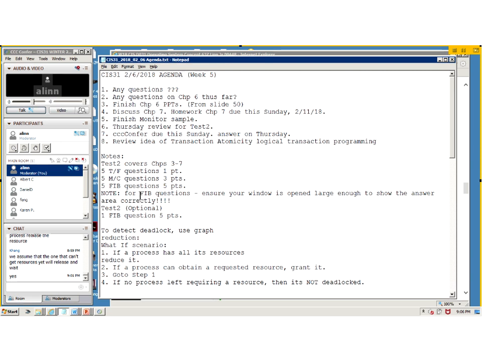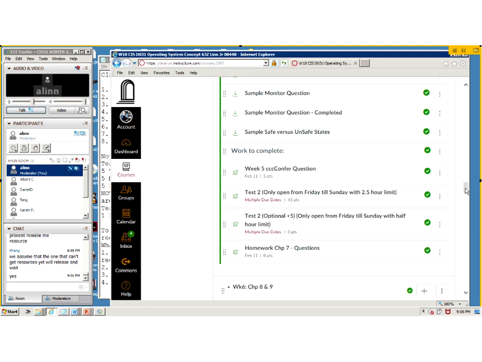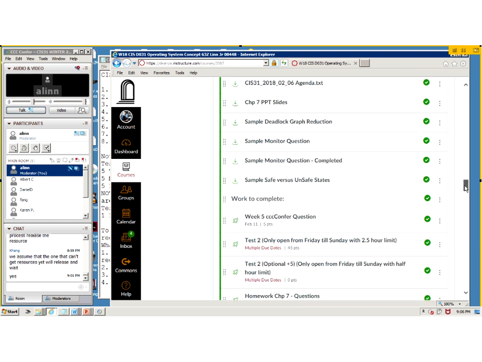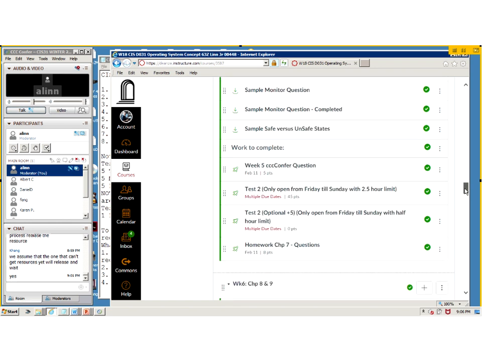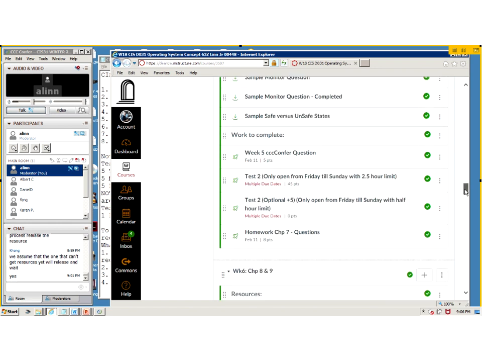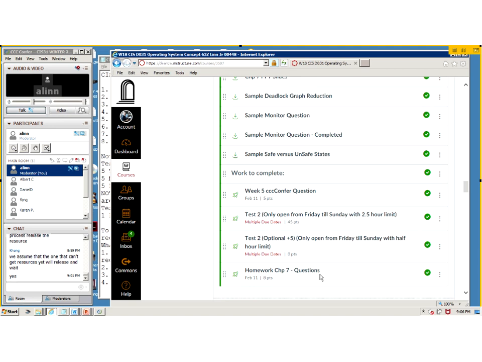I need you to note this. For the 5 fill in the blank questions, ensure your window is open large enough to show the answer correctly. What I mean by that is I've pre-formatted the answer area to make it easier for you to do, like the multi-level feedback queue stuff. Let's see if I can give you an example.